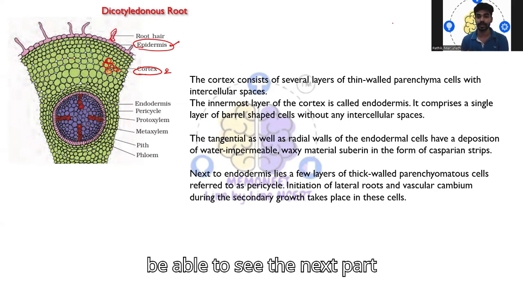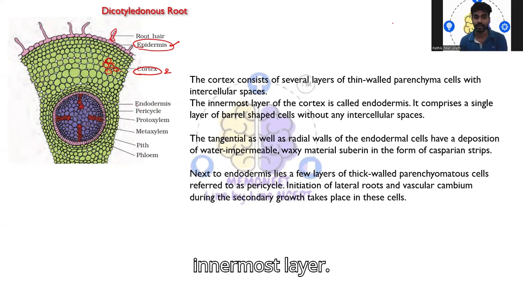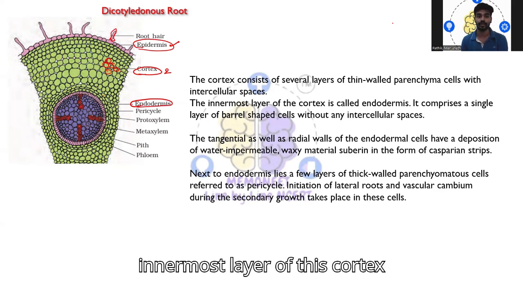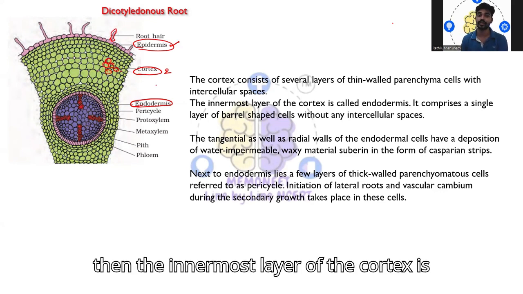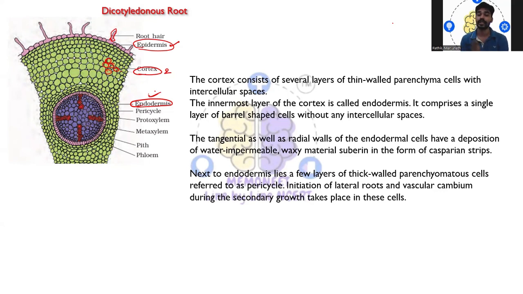Then we will be able to see the next part, that is the endodermis. The endodermis is the innermost layer of the cortex. After the cortex, if we go deeper, the innermost layer of the cortex is actually what? Endodermis.